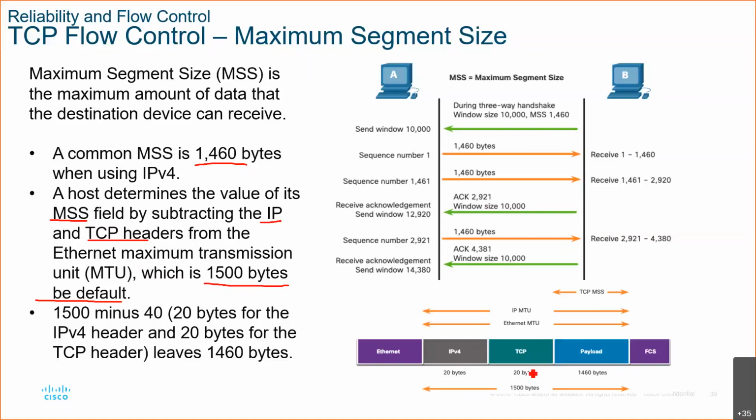So the IP and the TCP header, 20 bytes and 20 bytes, will be subtracted from your 1500. So we come up with 1460 bytes. So that's how it comes with that.